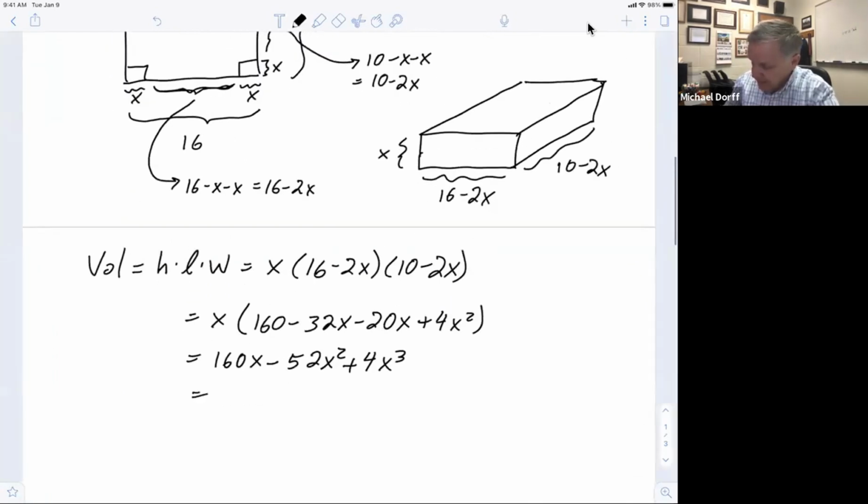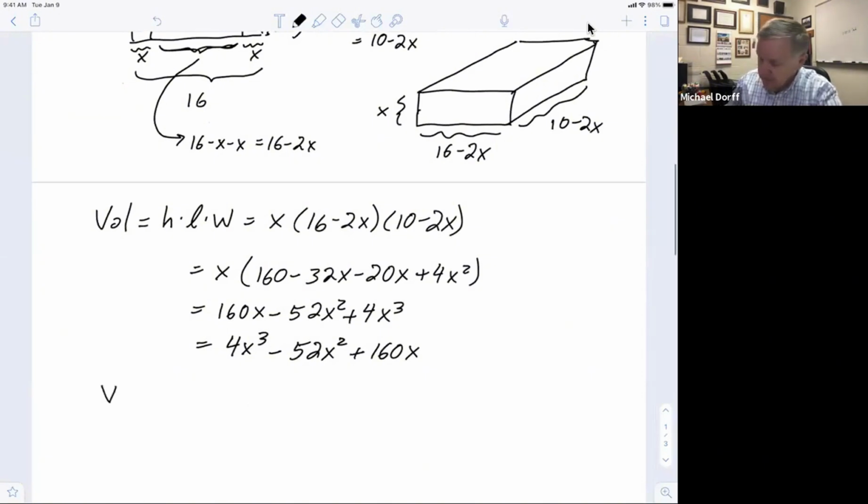I'm just going to rewrite that in order with the largest degree first, so that I have 4X cubed minus 52X squared plus 160X. So that's going to be my function V.